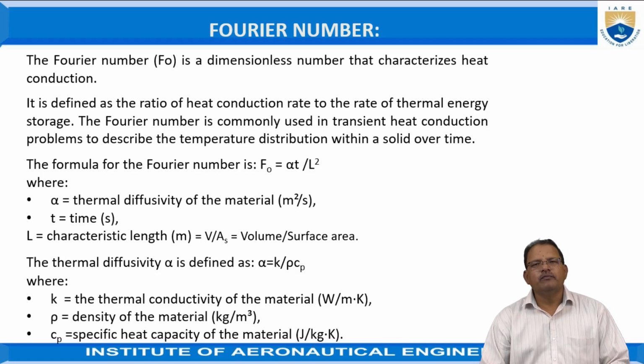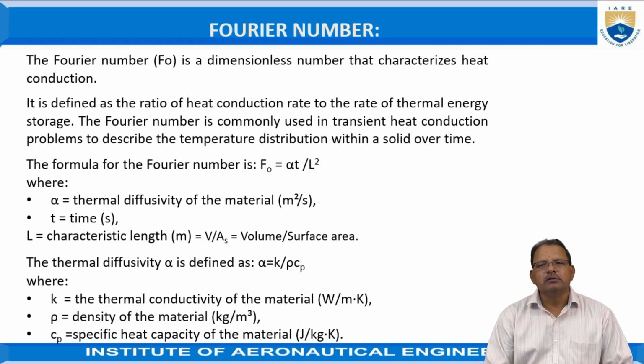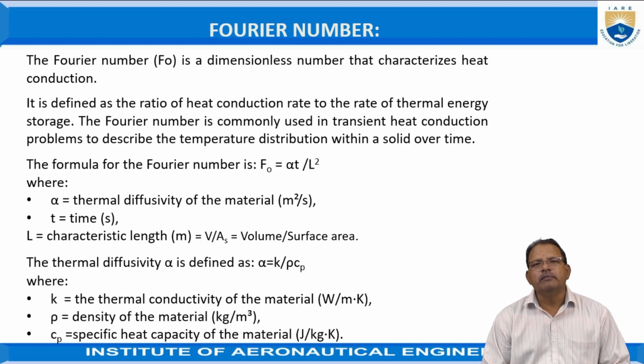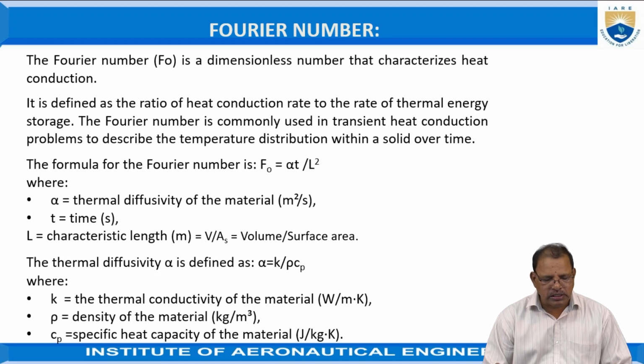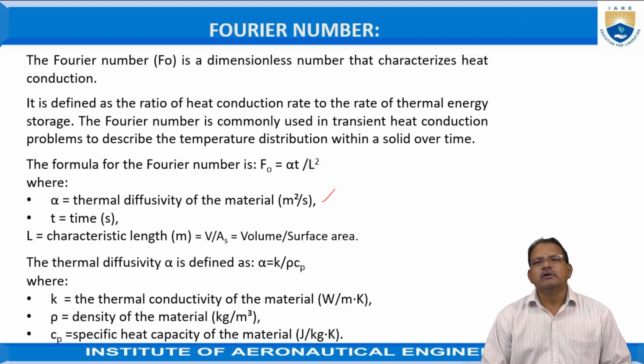The formula for the Fourier number is given by Fo is equal to alpha t divided by L square, where alpha represents the thermal diffusivity of the material, t represents the time, measured in seconds, and L is the characteristic length, which is generally the ratio of the volume of the material to the area of the cross section, that is V by As.